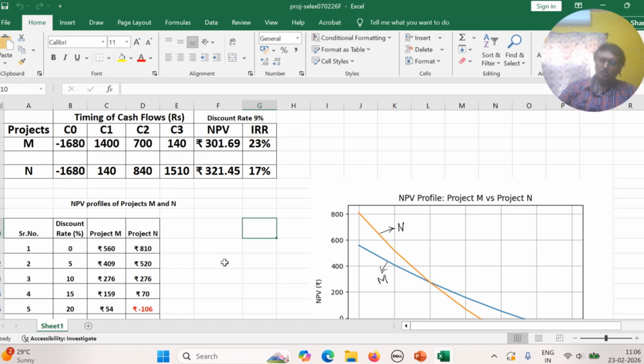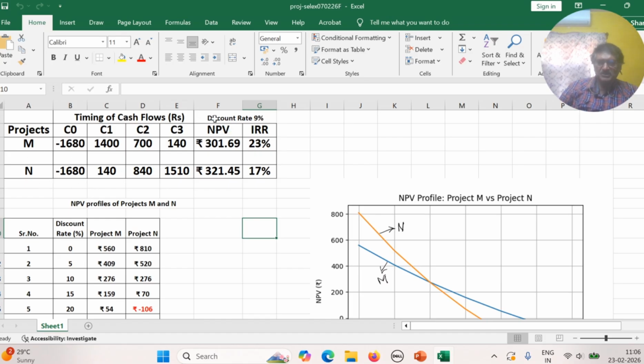We all know that for NPV we always prefer higher NPV for accepting a project, and for IRR the higher rate of return is preferable. But in this case it is such data that for M the IRR is more than N, and for NPV N is more.